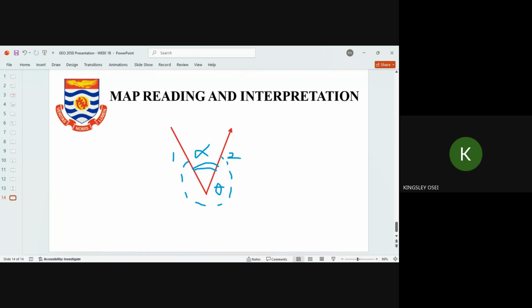What then is bearing? Bearings are orientations. Bearings are directions. Bearings are alignments. So how do we get it defined? If you watch my explanation with respect to the angle, I was talking about two lines meeting.